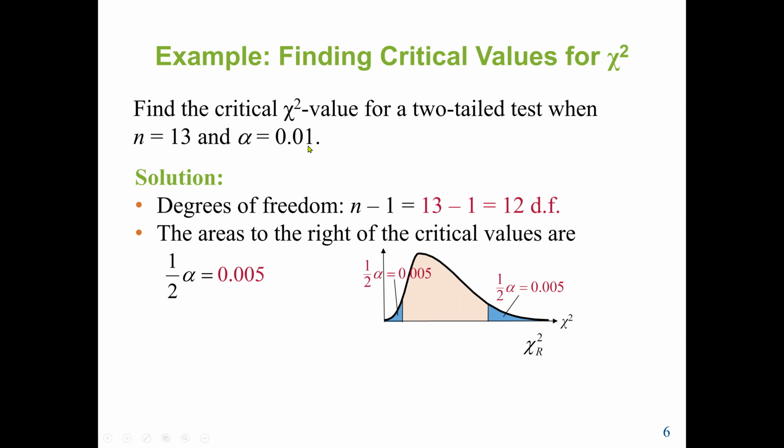Alpha is 0.01, so we get 0.005 and 0.005 to both left and right. Then we have to subtract 1 minus half alpha, which gives me 0.995. So now I'll go to my chi-square table, and first of all, the degree of freedom is 12.